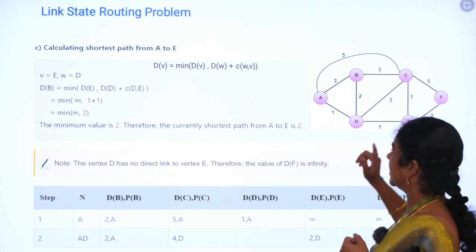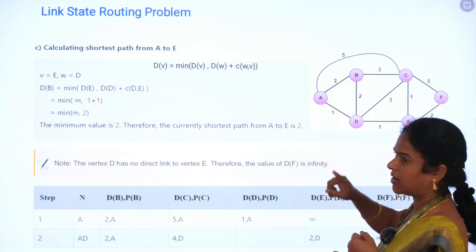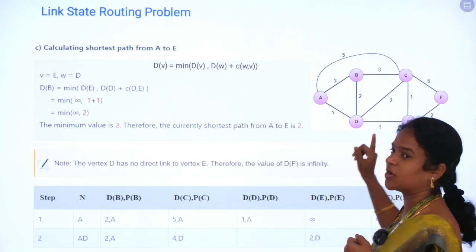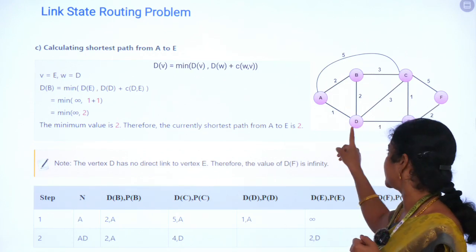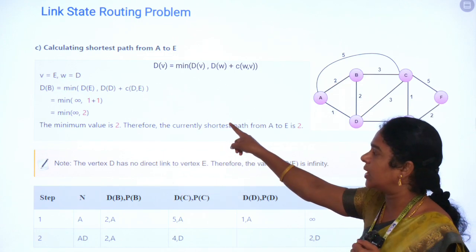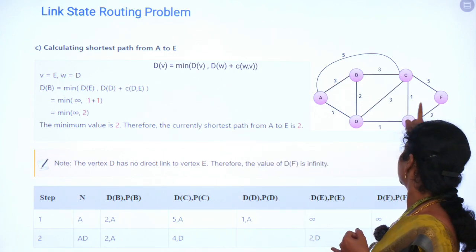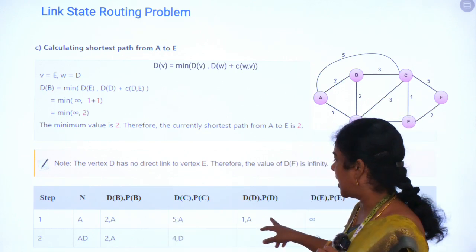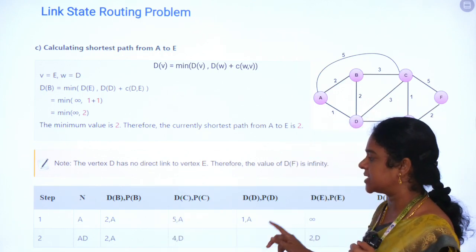We cannot find F because A to F is not directly connected, and the root node D also is not directly connected to F. D is directly connected to E, so only E we can find.